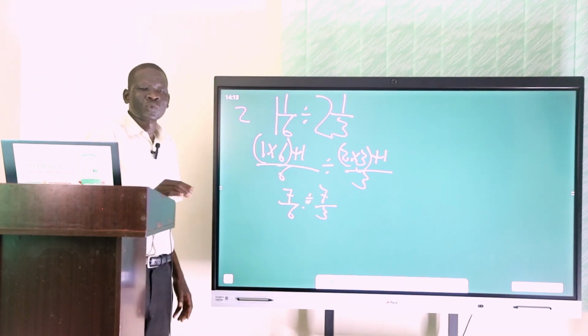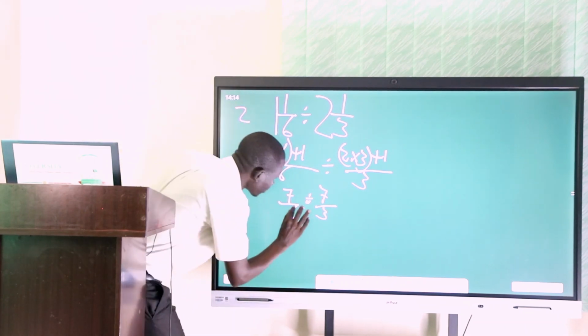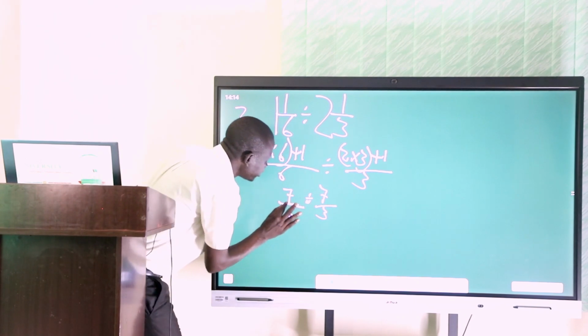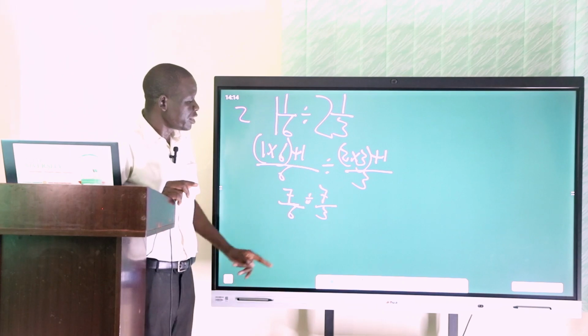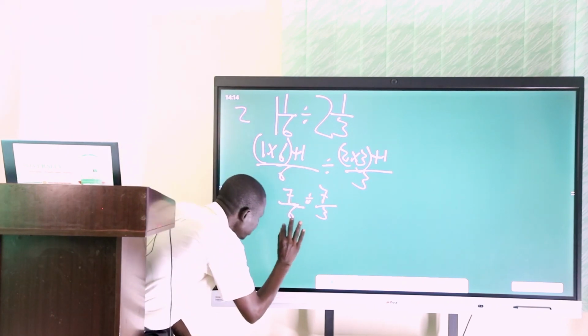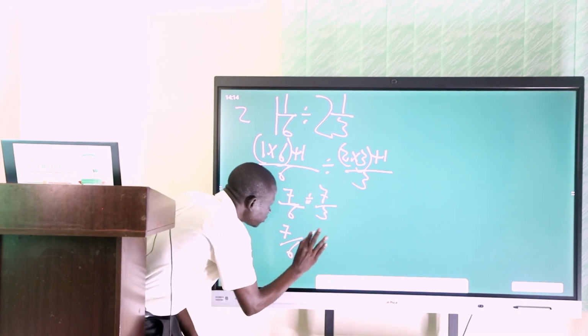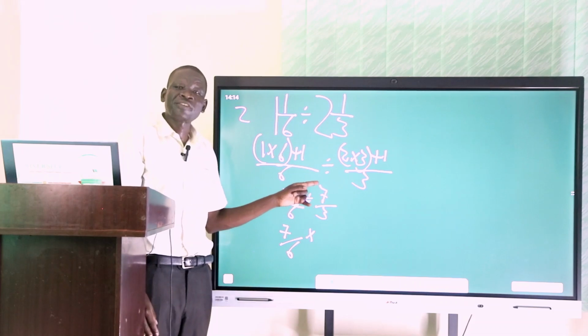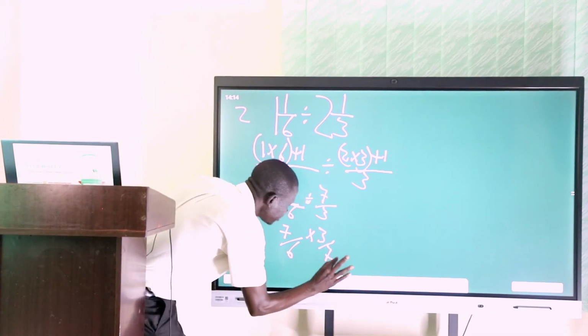So we now continue with our process of dividing fractions. In this case, we said that we multiply the divisor by the reciprocal of the dividend. So we shall have 7 over 6 multiplied by the reciprocal of 7 over 3, which is 3 over 7.